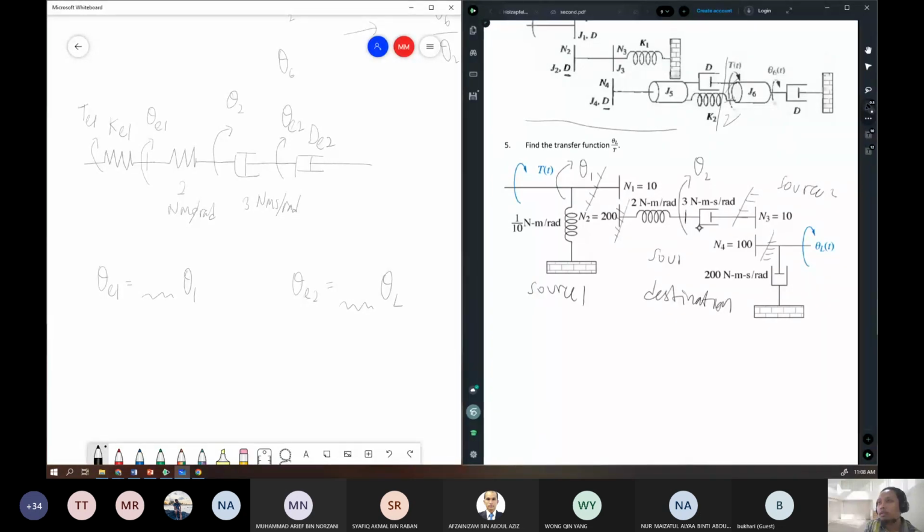To find torque equivalent 1, you have to do something times torque. You have to do the impedance transfer, the gear ratio things. So you can try later to find KE1, theta E1, TE1, theta E2, DE2, and find the transfer function. If you want me to check, feel free to WhatsApp me.